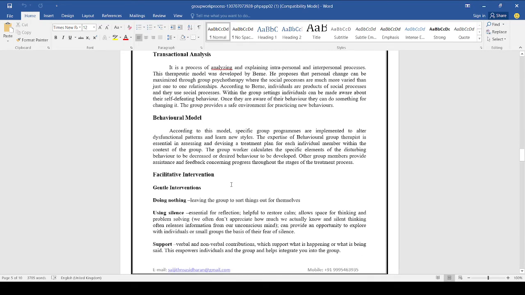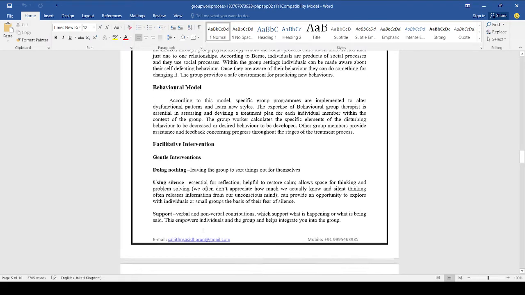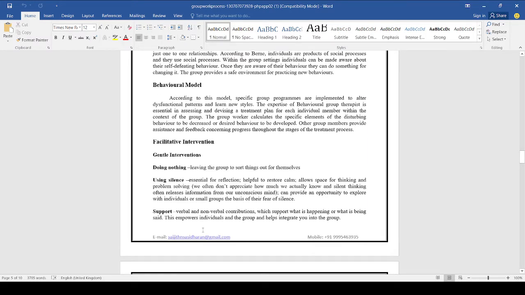Here there are so many facilitative interventions, especially gentle interventions like doing nothing, leaving the group to sort out things themselves, and using silence in some places. Support to individual members, in both non-verbal and verbal contributions, empowers the individuals.